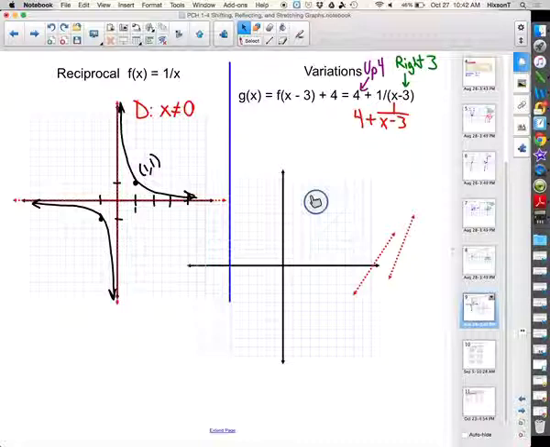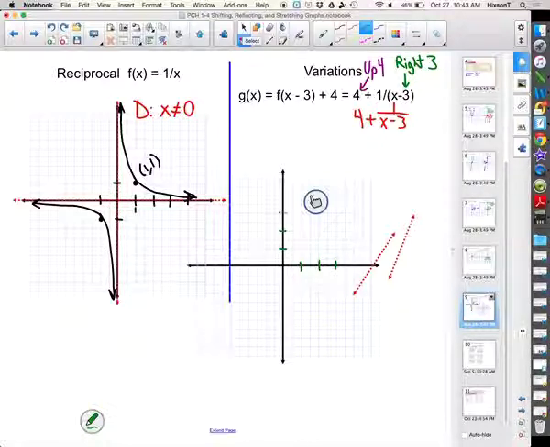So where my origin was, here's 1, 2, 3 to the right, and 1, 2, 3, 4 up. Where the origin was is going to be there, and I like to put a little crosshair there so I know that that's where that was. Okay?